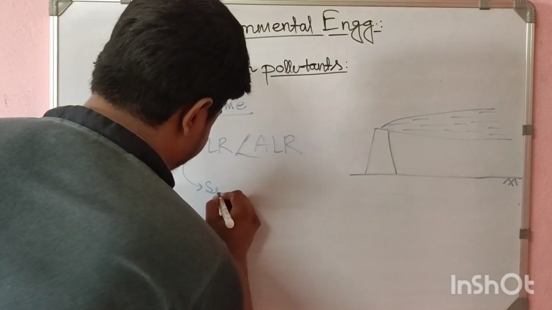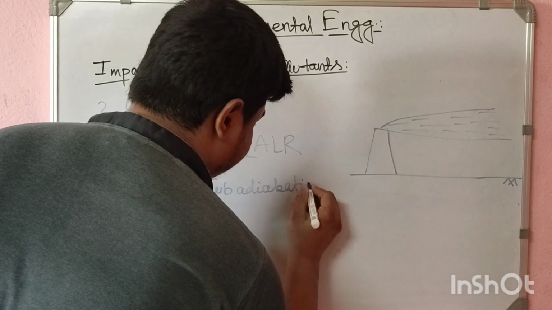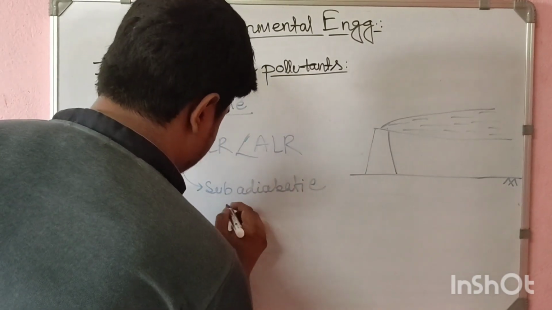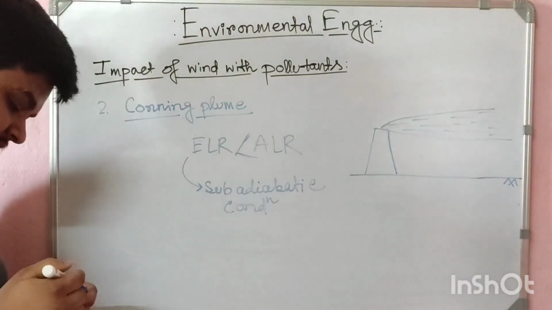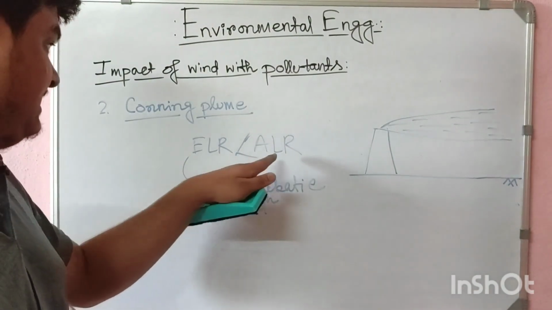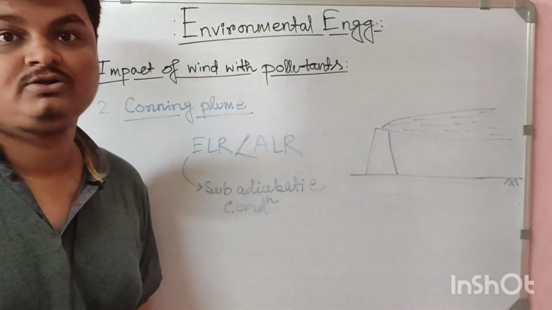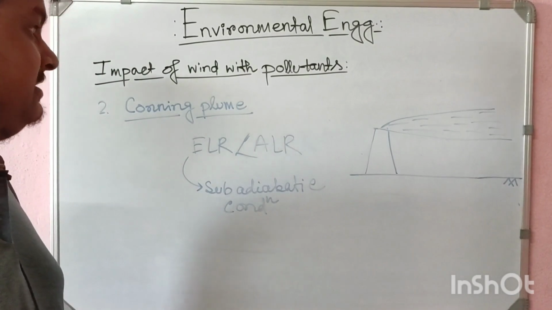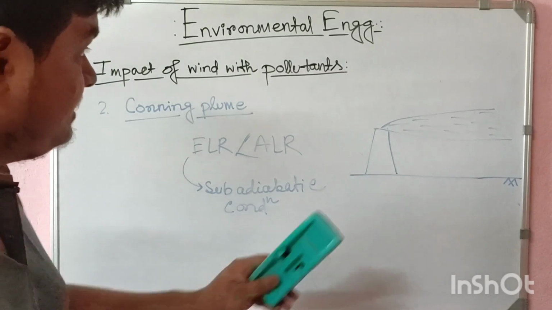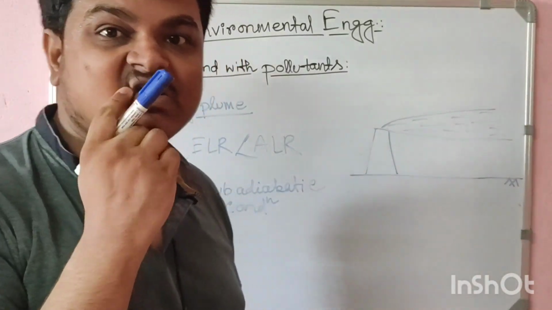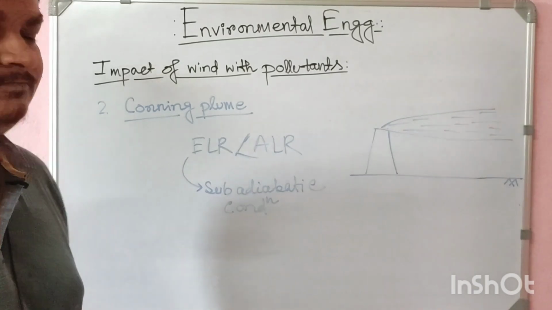If ALR is greater than ELR, then we tell this is subadiabatic condition. When the subadiabatic condition is happening and the cone-like trace path is happening, that we call coning plume.